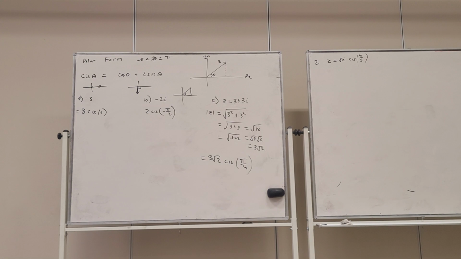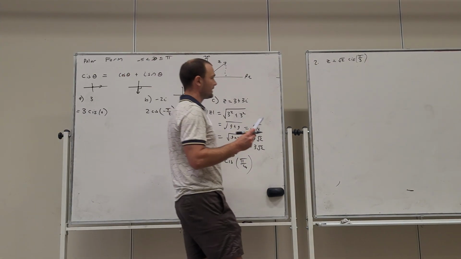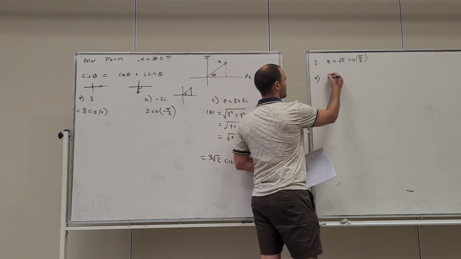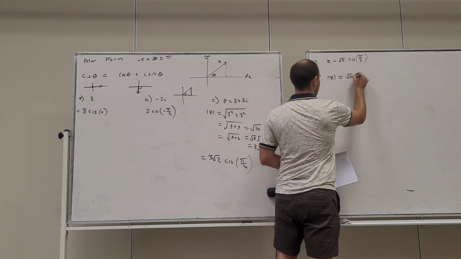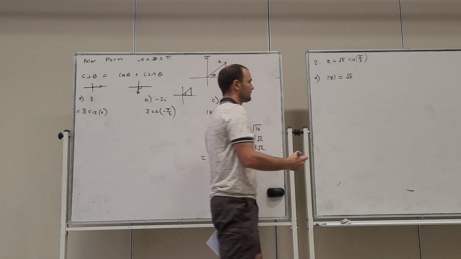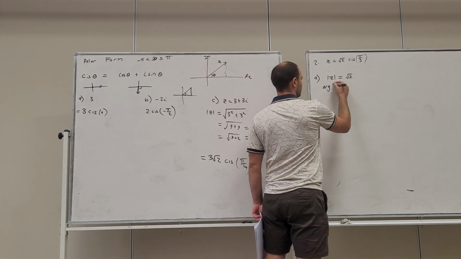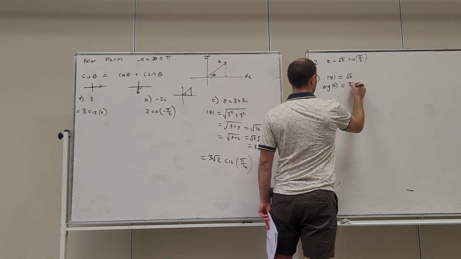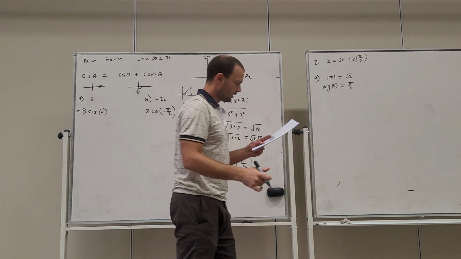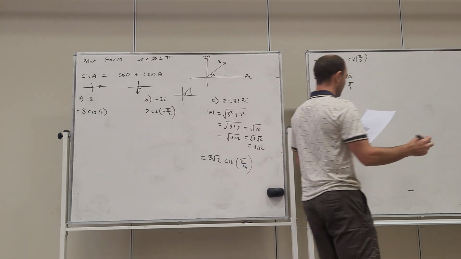Given z equals the square root of 2 cis of pi on 3, part A, state the modulus and argument. The modulus of z is the square root of 2. The argument of z is going to be pi on 3. Part B, sketch on the Argand plane.